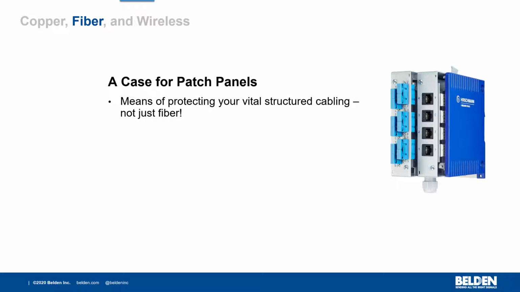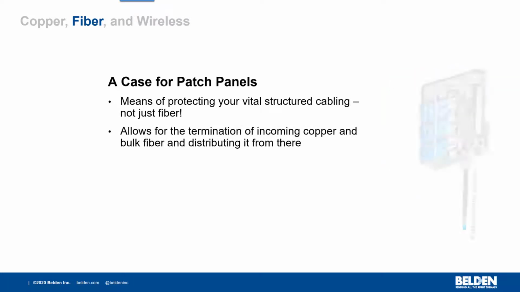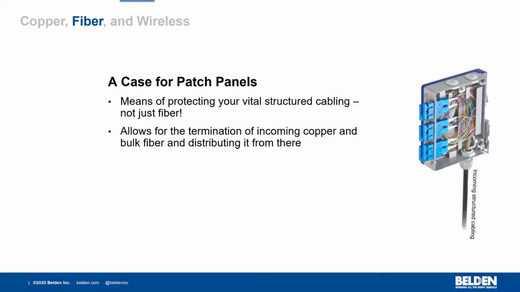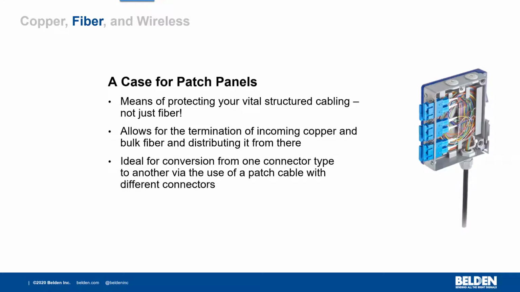Next, we're going to talk about patch panels. Patch panels are a means of protecting your vital structured cabling, and this is not just for fiber. It allows for the termination of incoming copper and bulk fiber and then distributing it from there. It's ideal for the conversion from one connector type to another via the use of a patch cable with different connectors, as shown here.